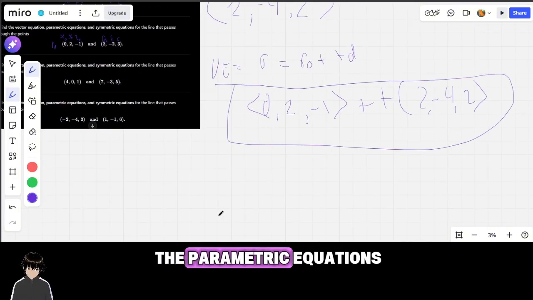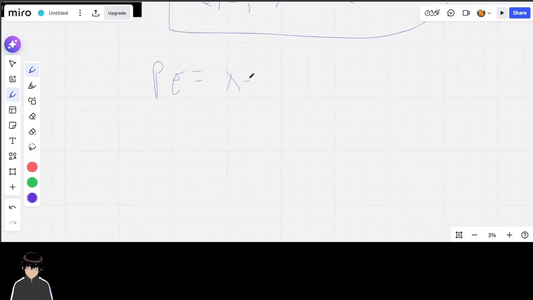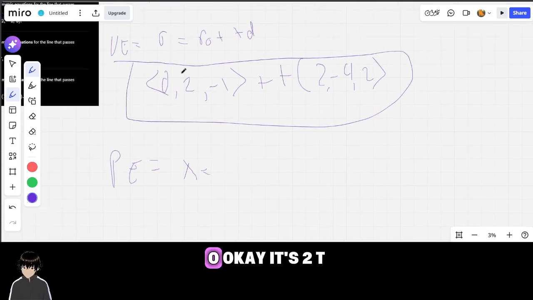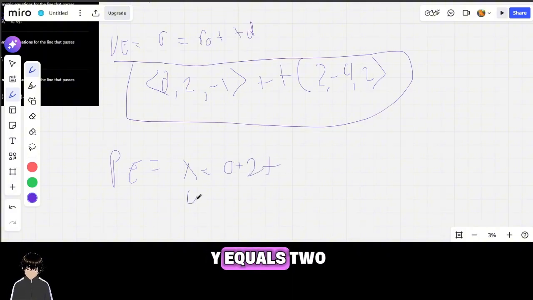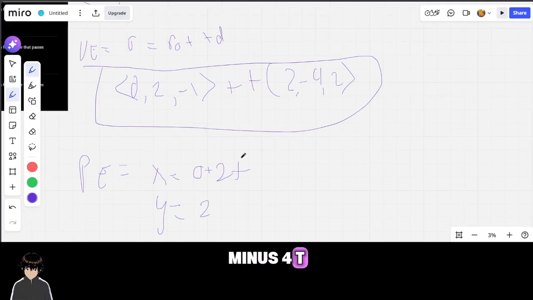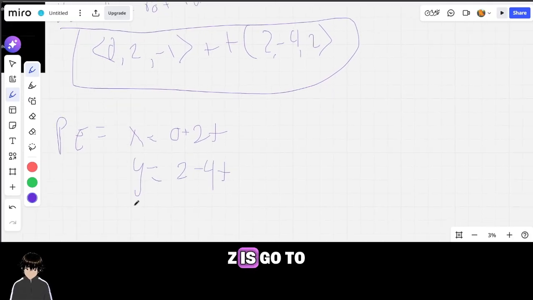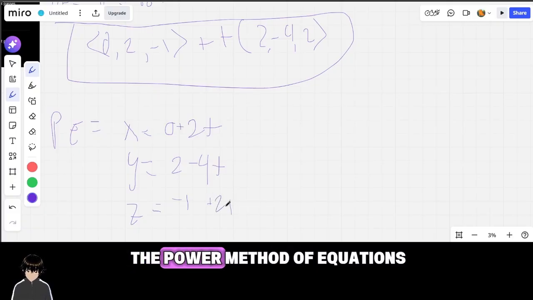In order to get the parametric equations, X equals 0 plus 2t. Y equals 2 minus 4t. Z is equal to negative 1 plus 2t. That's the parametric equations.